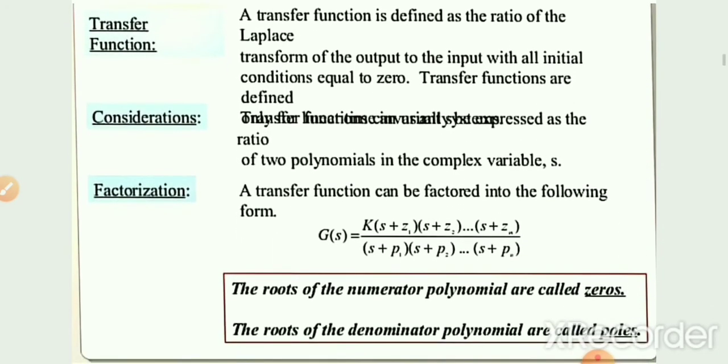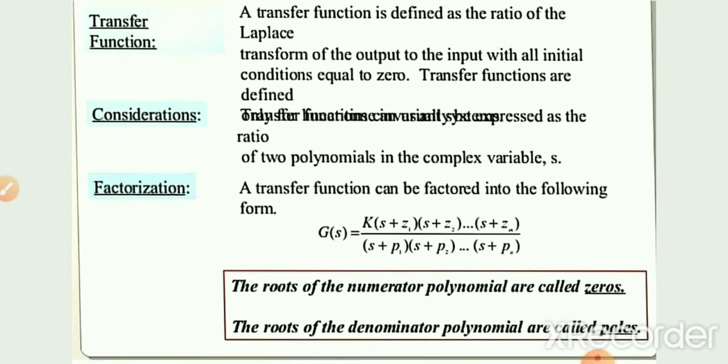Now you know very well what a transfer function is. A transfer function is defined as the ratio of the Laplace transform of the output to the Laplace transform of the input, with all initial conditions equal to 0.